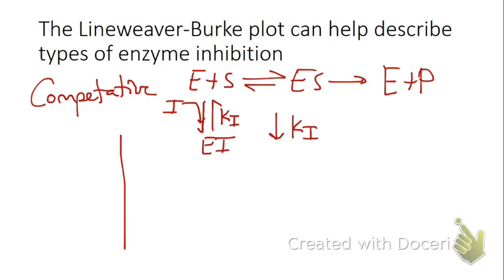So what does a Lineweaver-Burk plot look like if you have a competitive inhibitor? Let's say the red line here is no inhibitor.